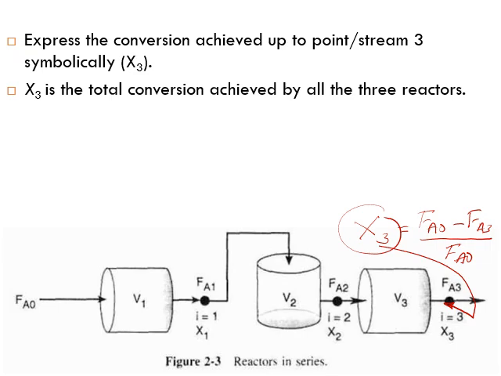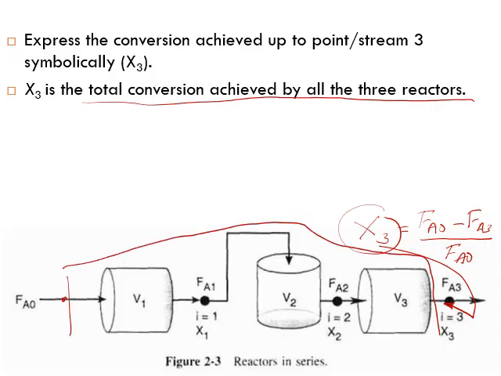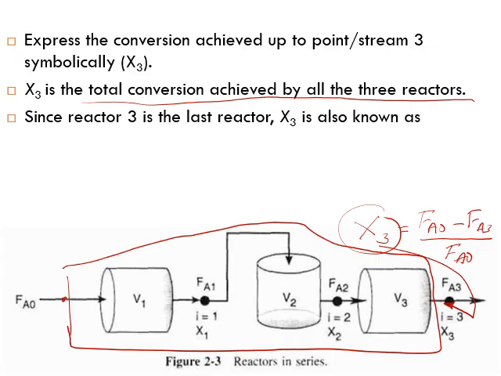X3 is the total conversion achieved by all 3 reactors up to point 3 compared to point 0. What is the other name of X3? It's the overall conversion, correct? Remember this from 111? It is the overall conversion achieved by all the reactors, with the help of reactor 1, 2, and 3. Reactor 3 is the last reactor, so X3 is also known as the overall conversion.